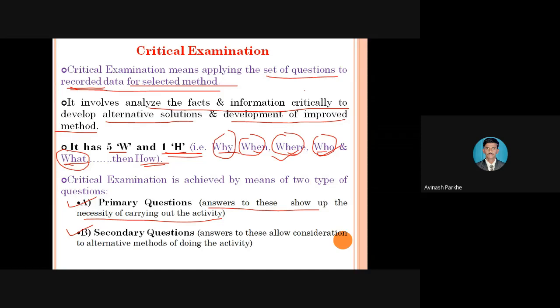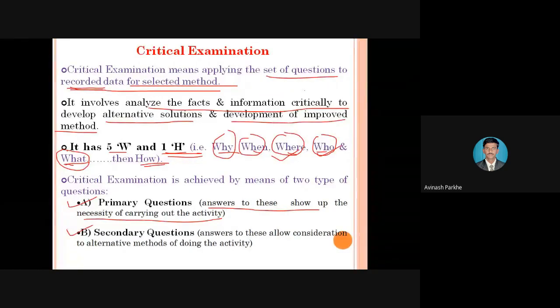Up till now, whatever recording techniques we have discussed, we have only taken the overall picture. But if I have to go in detail, why, who, when, where, how, these are the questions which will give the information in detail.